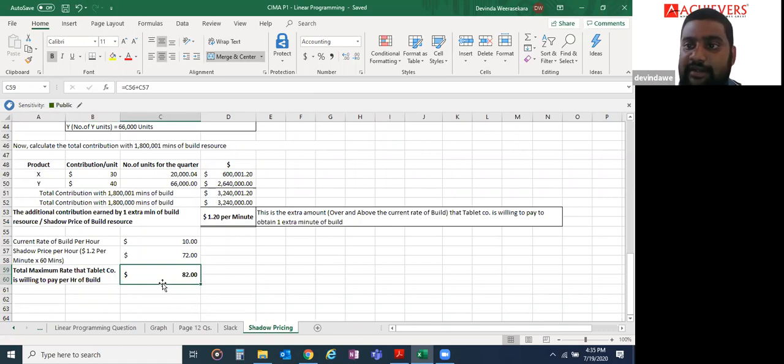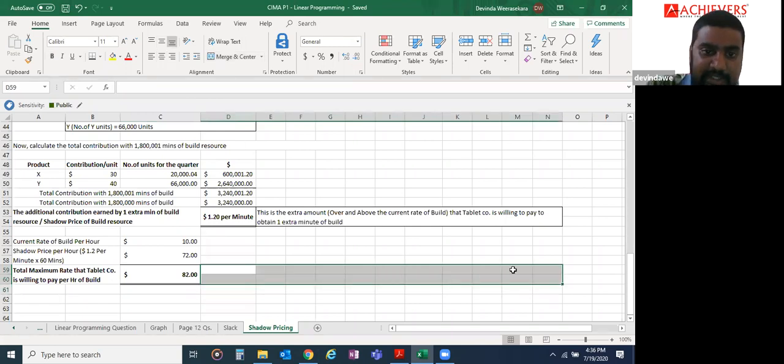Because $82 per hour is the maximum contribution that 1 hour of build will give you. 1 minute of build gives you $1.2 of extra contribution, so 1 hour will give you 1.2 into 60, 72, right? So current rate of 10 plus extra rate of 72, the maximum you're willing to pay is 82. Now this doesn't mean that you will pay 82, but you need to understand where to draw the line, where to stop.